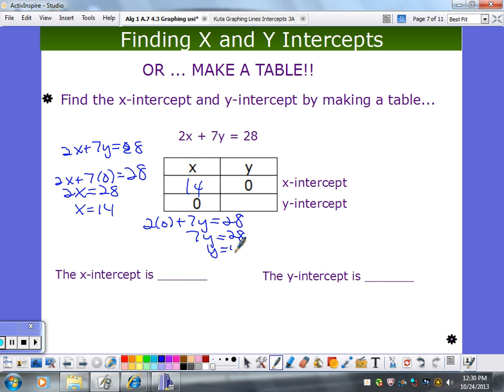You get the same equations, but it helps us see them and how to set it up. Can I see my x-intercept now? 14, 0. Can I see my y-intercept? 0, 4. So I have a little table here in the middle of the page. Some people find this easier when they first get started with x and y intercepts. It just helps them set up the problem, right?